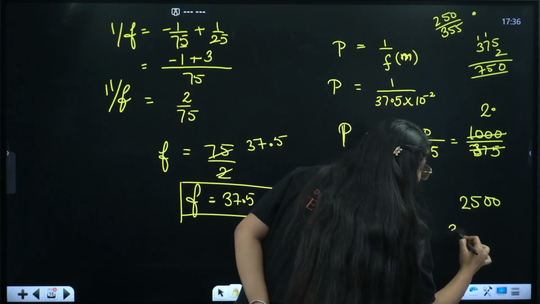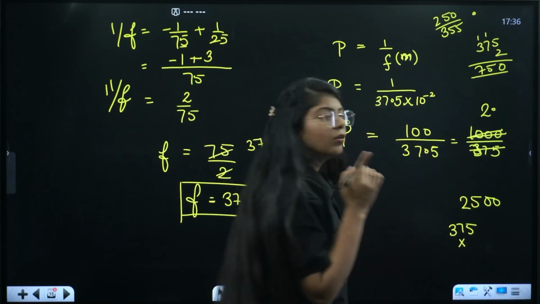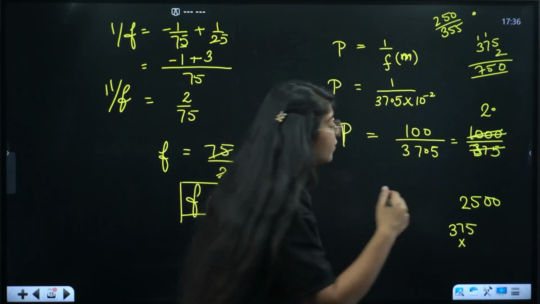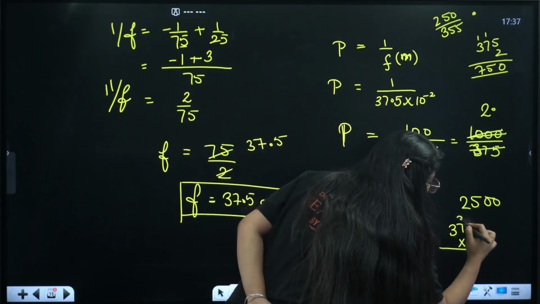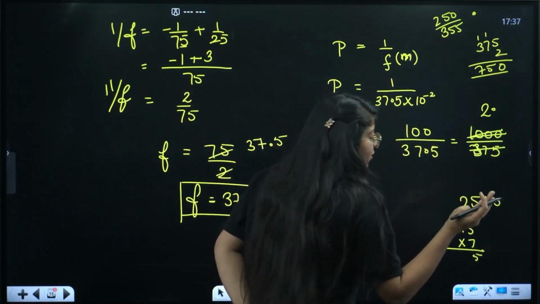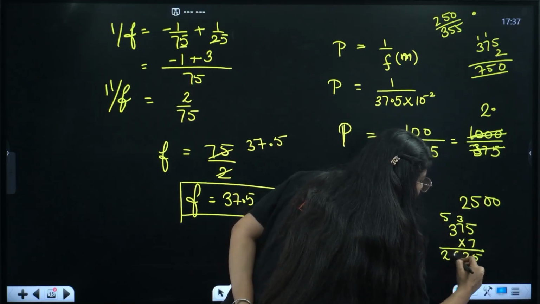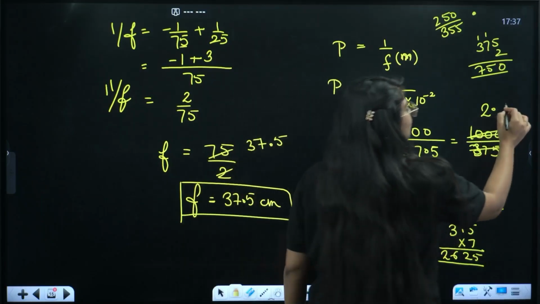Now again you have to see how many times 375 will go into it. We can try 7, so 7 times 375 becomes 2625, which is more than 2500. So that will be around 2.6.